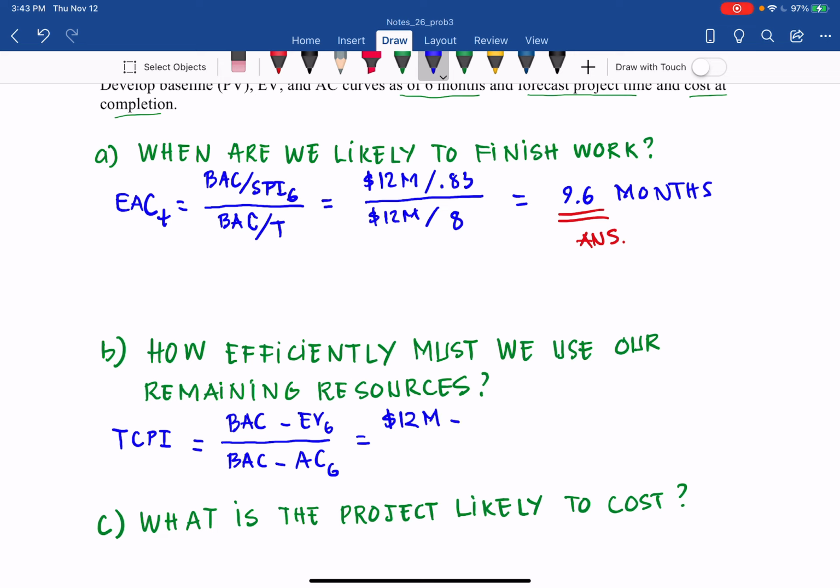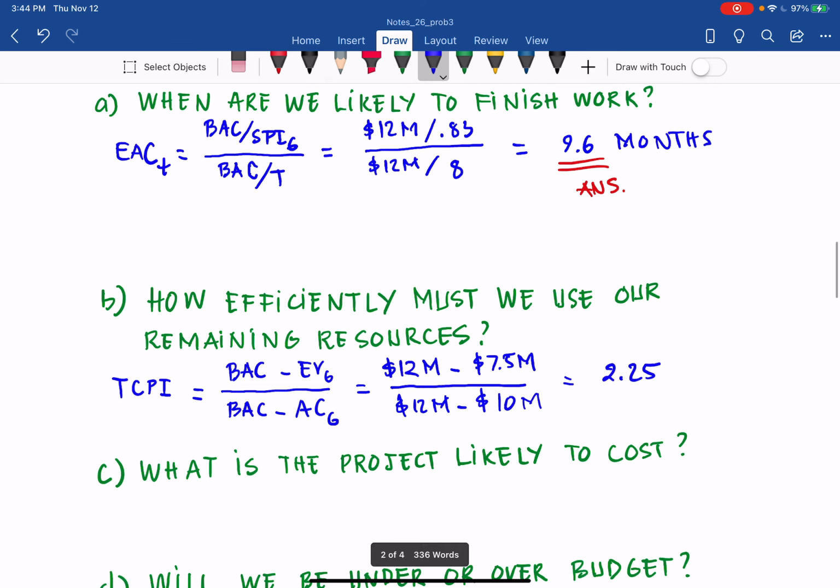EV6 equals 7.5 million from problem 2, and this one is from 12 million. AC6 is 10 million from problem 2, and that gives us 2.25, a dimensionless ratio.